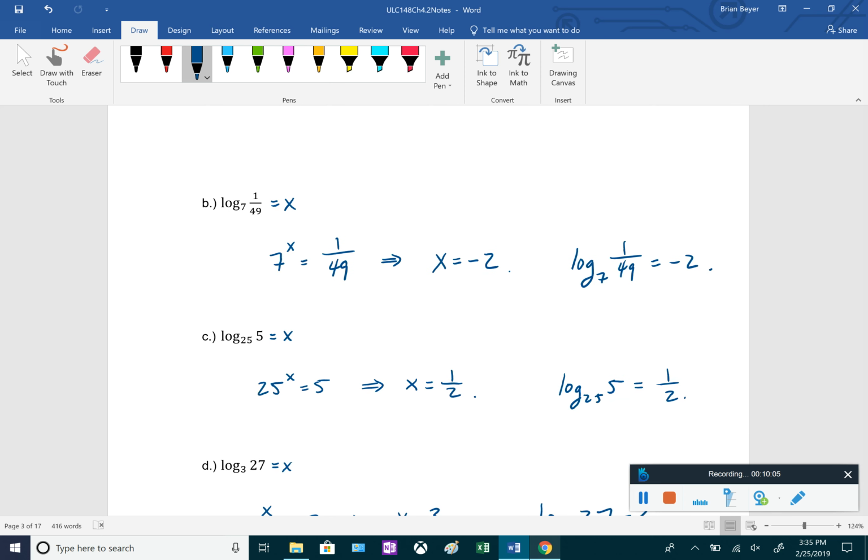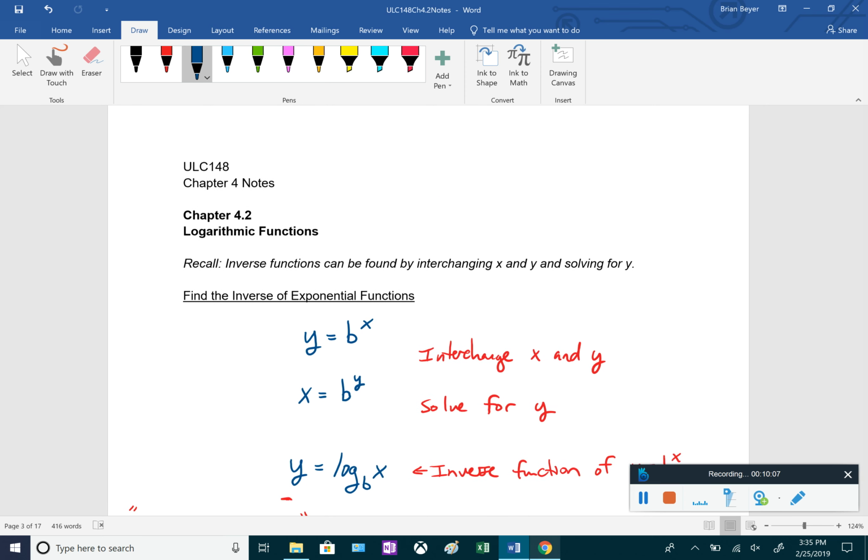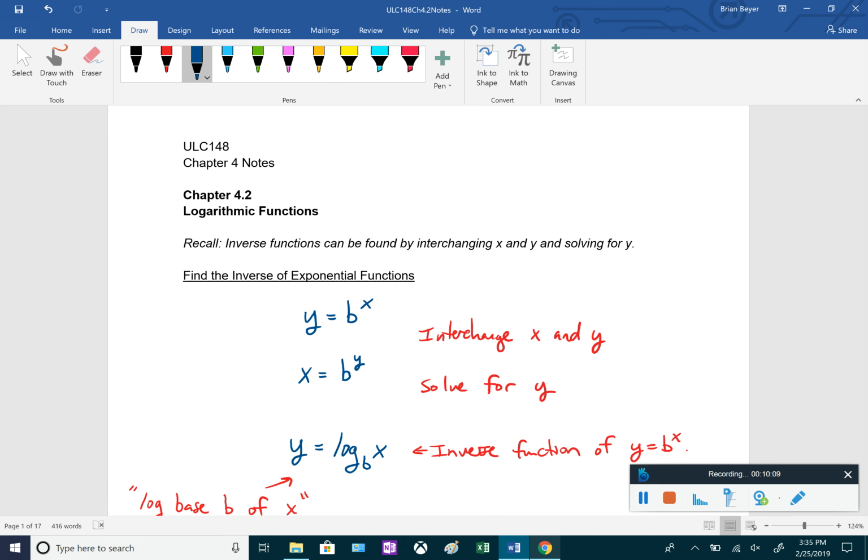So just a quick little sidetrack here. Logarithm is a pretty weird word, as I'm sure you already noticed. The origin for it comes from logos and arithmos, so it's Greek. Logos means ratio.